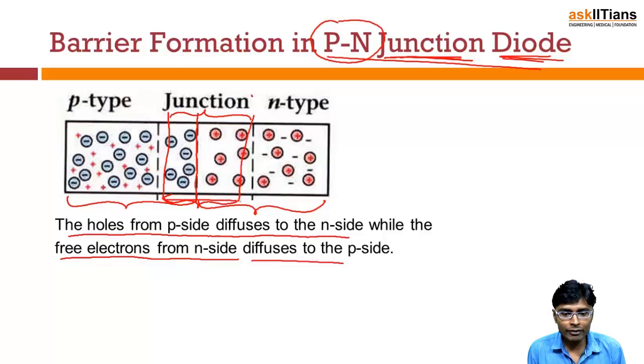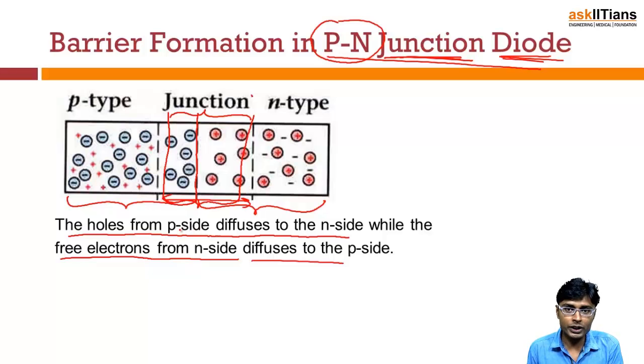This region will contain all these bonded electron-hole pairs, and they will be immobile, because now they have been bonded, so they will not be available for movement. So they will be called immobile electron-hole pairs in the junction, that is, the depletion region.